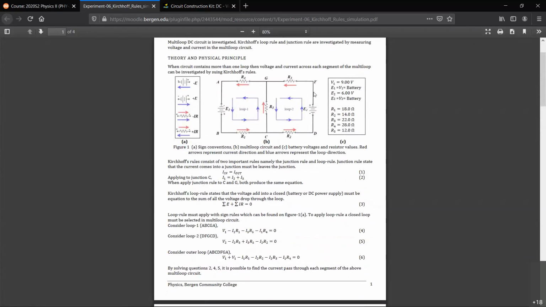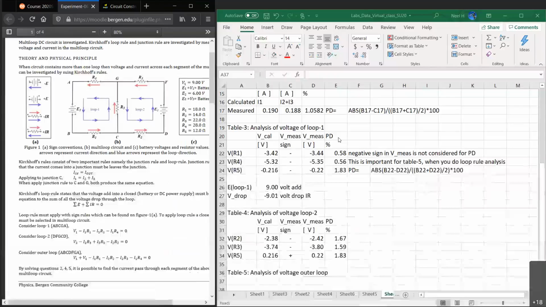Then I can check the loop rule again by using the outer loop. That's the plan, right? So if you go around this outer loop, you have two voltage supplies, E1 and E2, and then you have four resistors, R1, R2, R3, R4, across which you will get the voltage drop. Let's check that too. That will be useful.